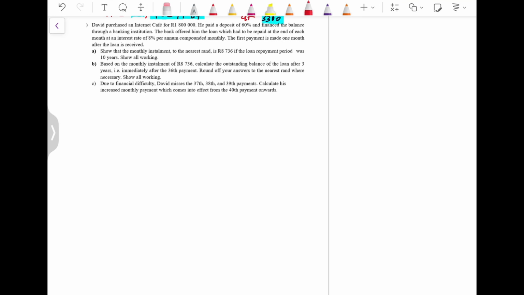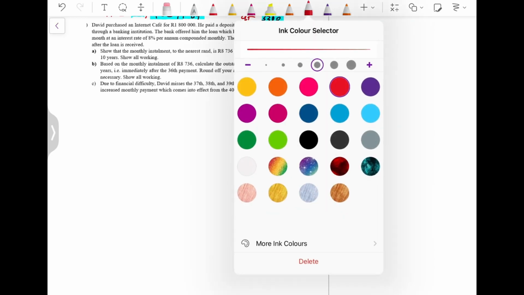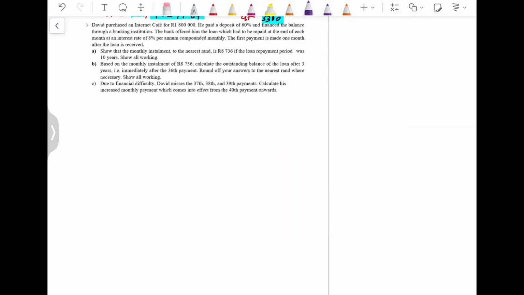So David purchased an internet cafe for 1.8 million. He paid a deposit of 60% and financed the balance through the banking institution. So now, with this one, this person did not take 1.8 million from the bank because 60% is paid as a deposit.